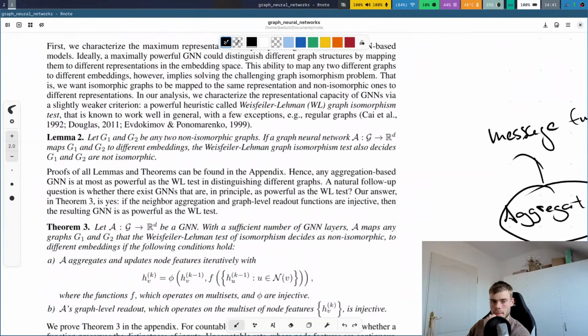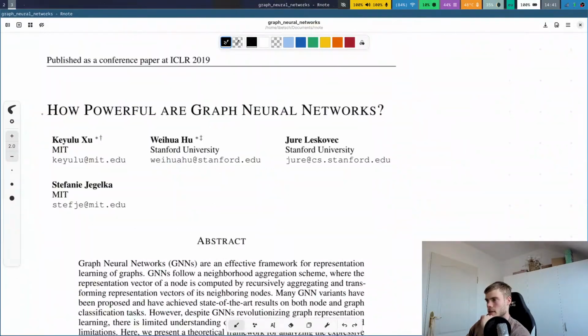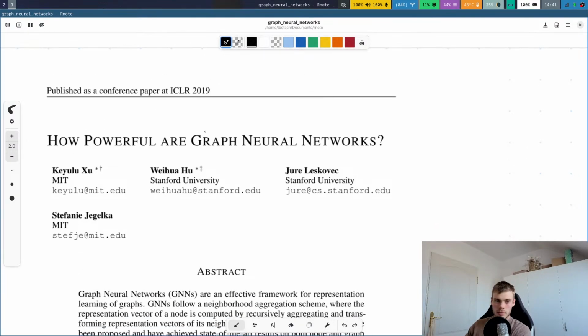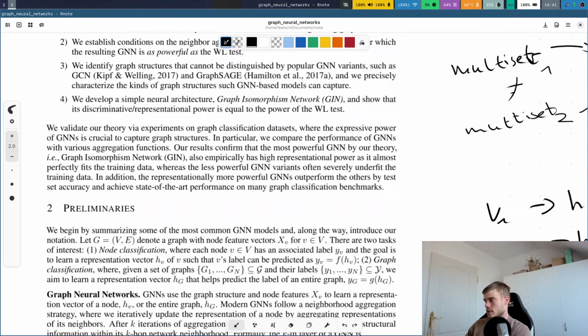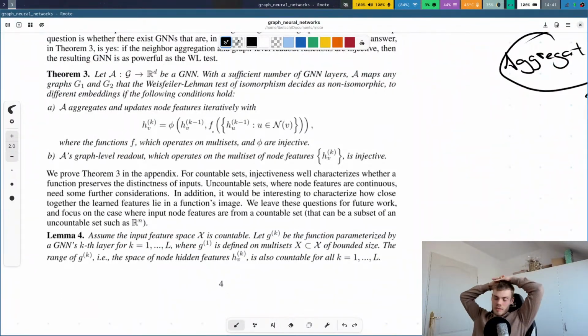What are you reading? I am reading a paper on graph neural networks. Yesterday I was reading a work that was prior to this, and now I am reading this one, which tackles the topic of graph isomorphic networks.